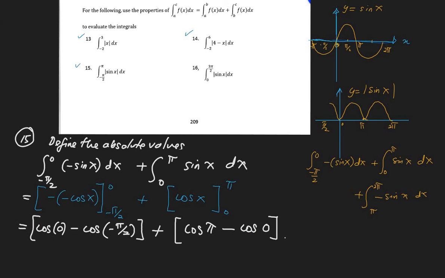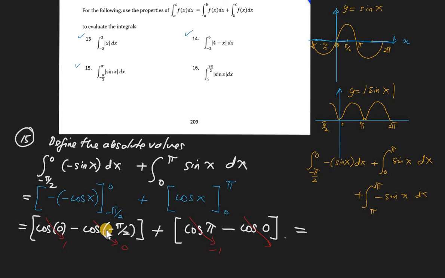Okay, so we need to read the values: cosine 0, cosine negative pi on 2, which is 0, cosine pi, which is, cosine pi is what? Negative 1, and cosine 0 is 1. So check my work.